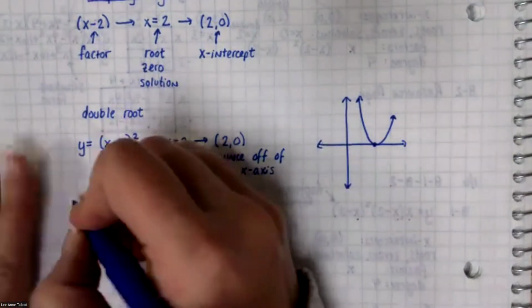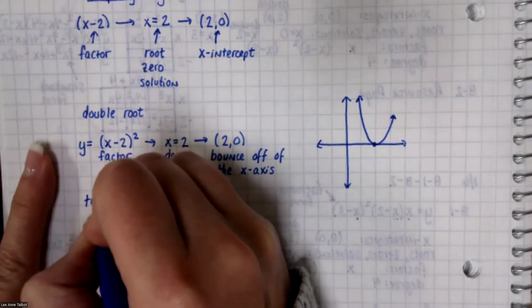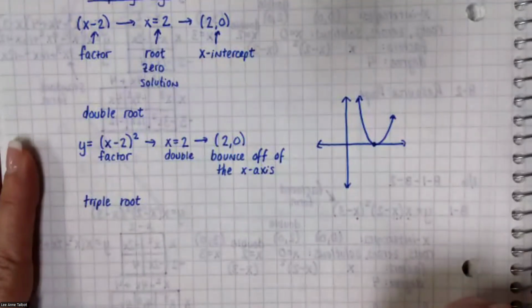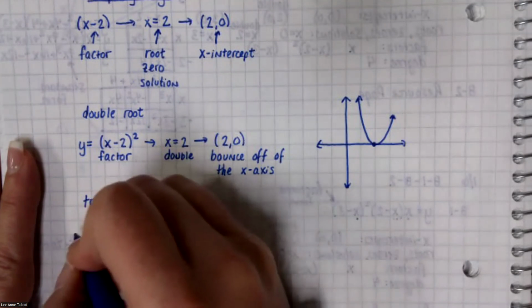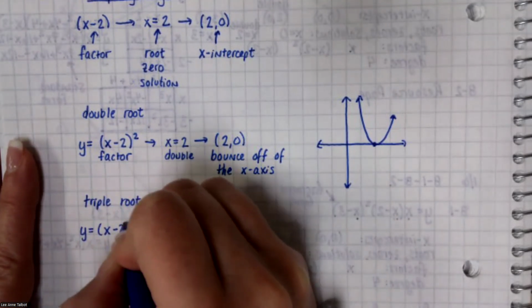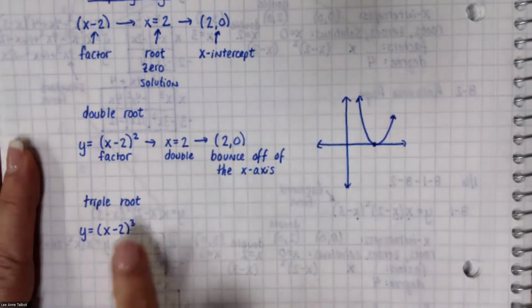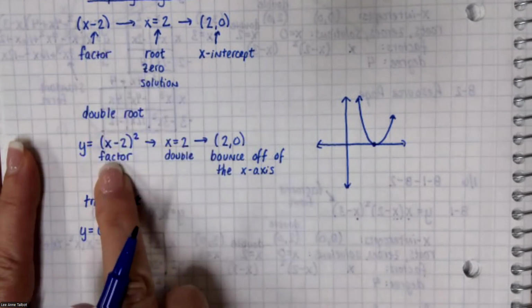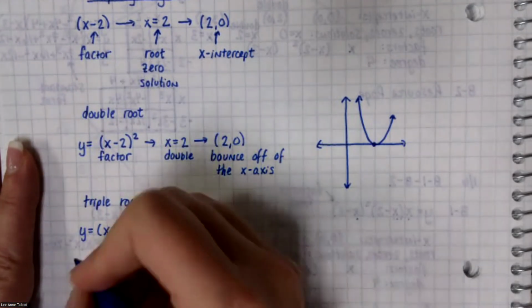Okay, then we learned about the triple root. A triple root has a cubed. So single, double, triple.